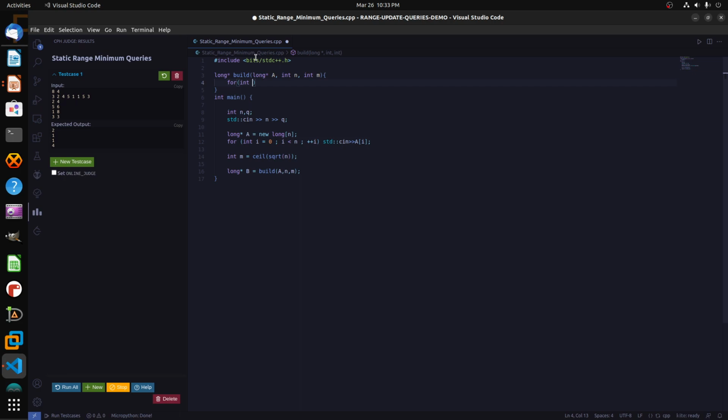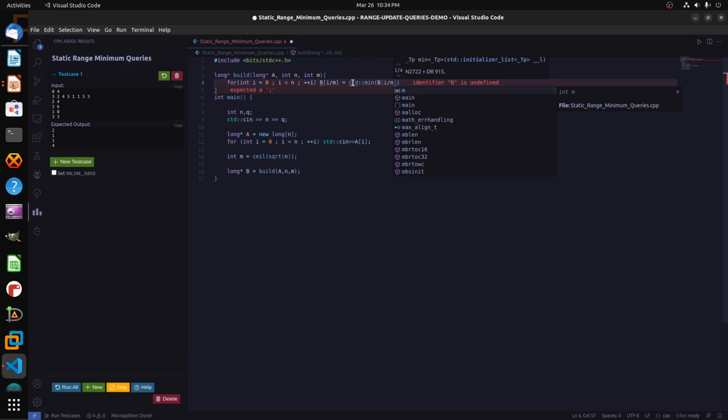We will iterate over the original array. And as we have seen in the pseudo code, for each M cells, compute their minimum in that specific block, which is the minimum between the previous computation in the array blocks and the new incoming value from the original array.